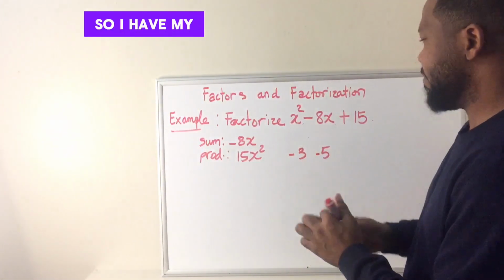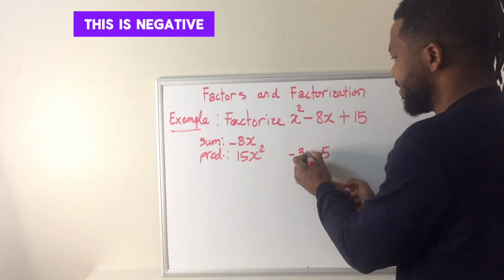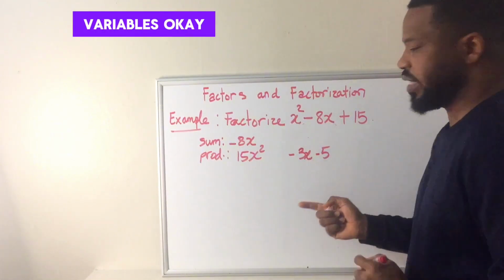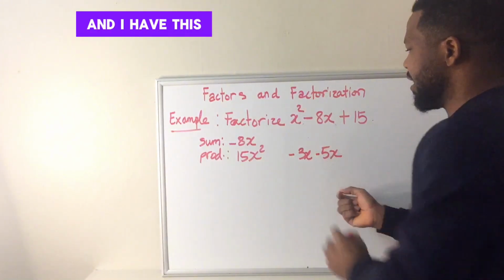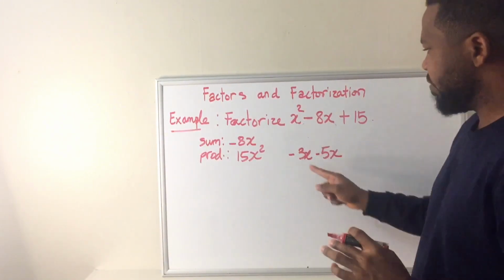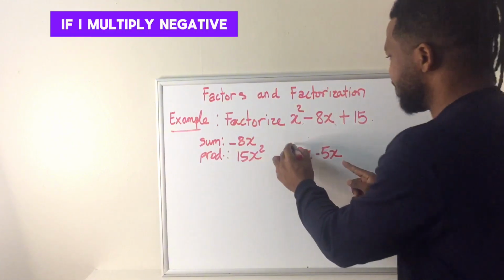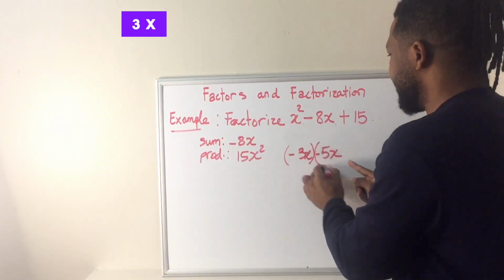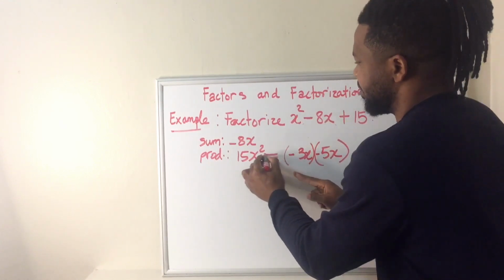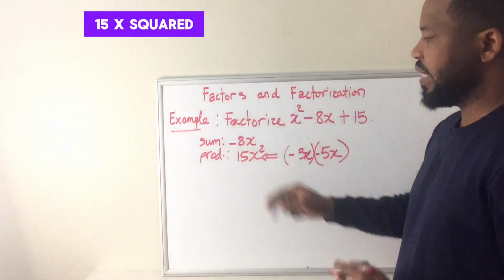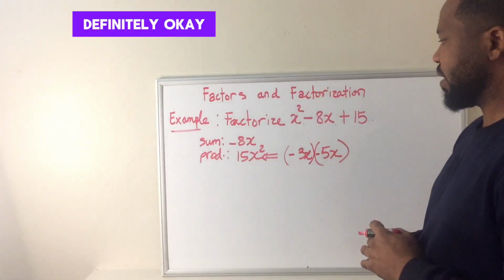So I have my factors right now. They are negative. I can now put in my variables to sum everything up. Look at the variable. If I multiply negative 3x and negative 5x, I am going to get 15x squared. Definitely.